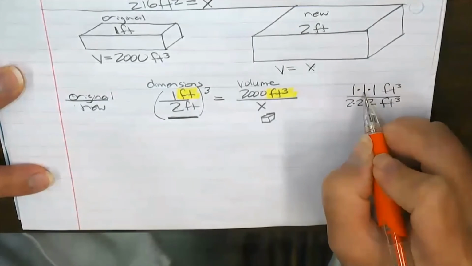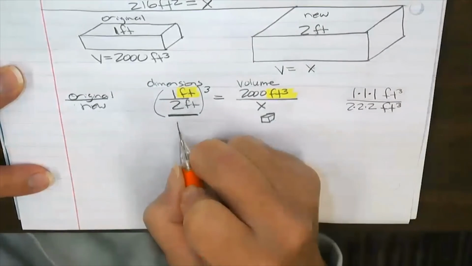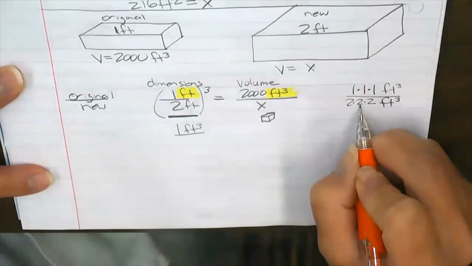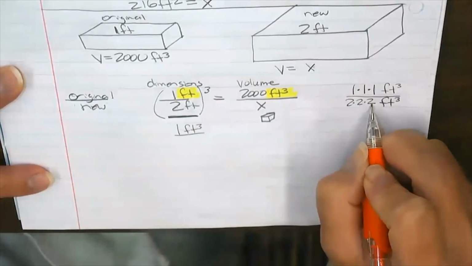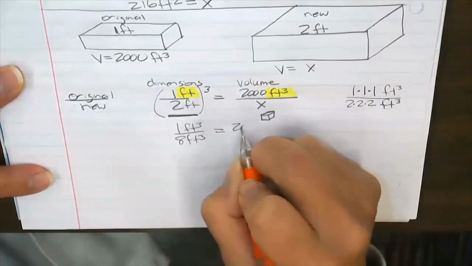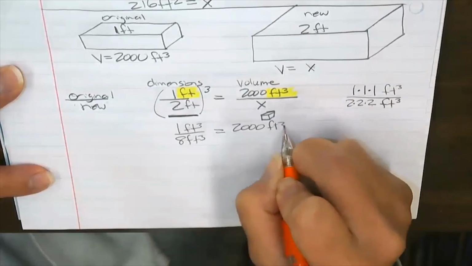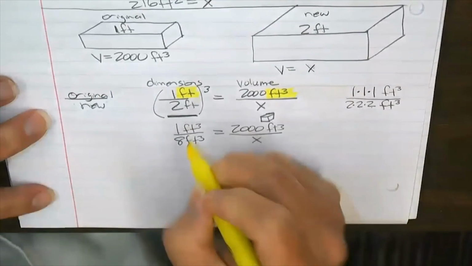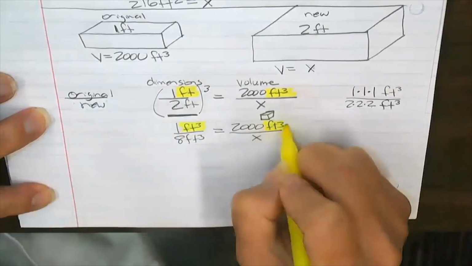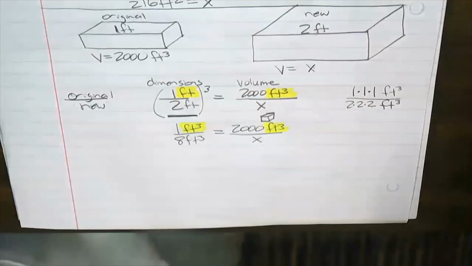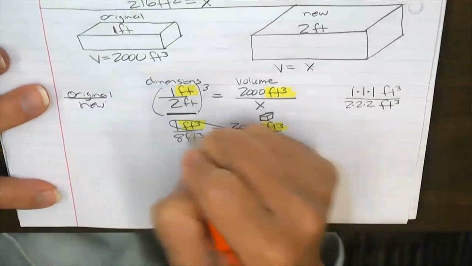Well, 1 times 1 is 1 times 1 is 1. So I have 1 foot cubed. 2 times 2 is 4 times 2 is 8. 8 feet cubed is equal to 2,000 feet cubed over x. Now I have like units, feet cubed and feet cubed. Nice. So now I can cross multiply.